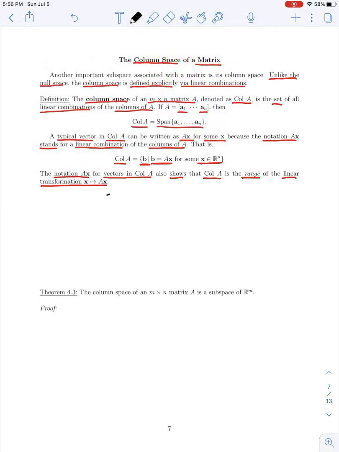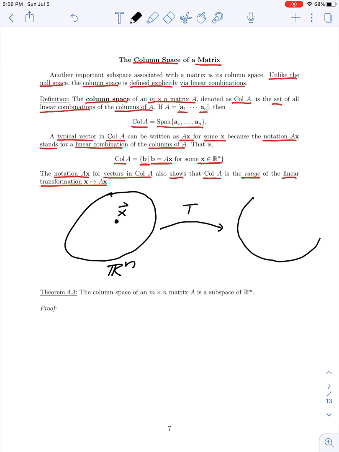So again, if we have our vector space Rn, and we have a linear transformation T, which is taking vectors x in Rn and mapping them to vectors A times x in Rm, then the column space of A would be the range of this linear transformation.